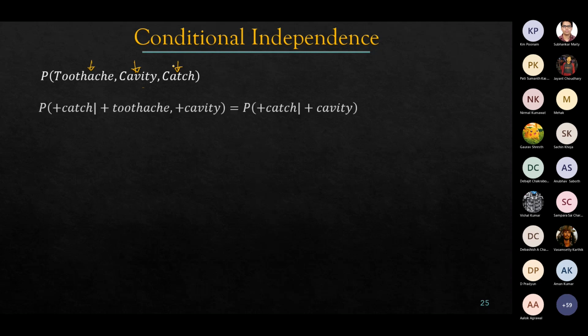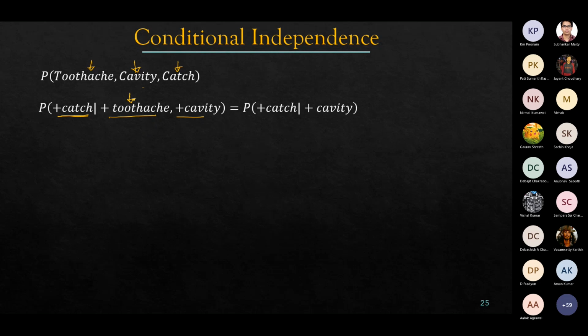Now let us try to compute this. The probability of plus catch means the probe is able to catch the cavity. So what is the probability that the probe catches the cavity given you have toothache and cavity? My argument is that it is not really dependent on whether I am having a toothache or not.